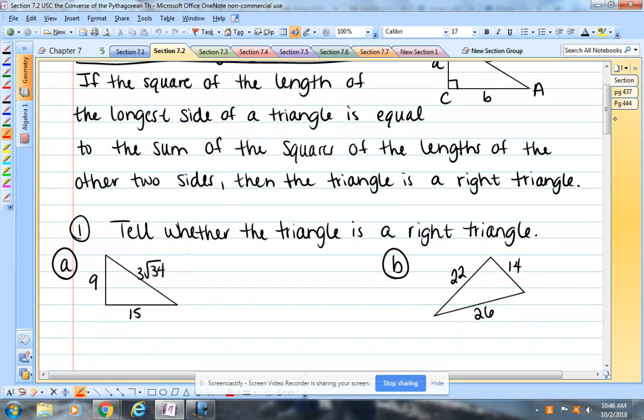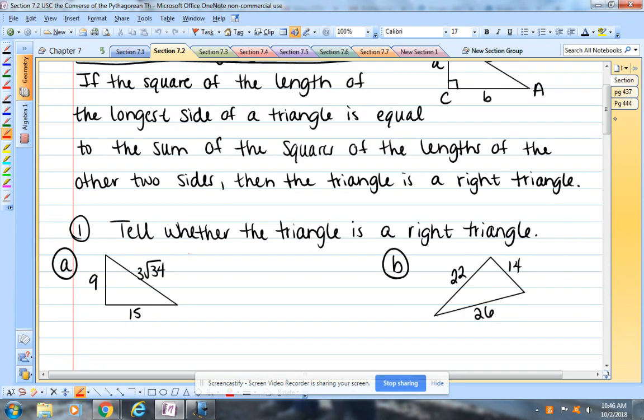If a squared plus b squared does not equal the square of the longest side, then it is not a right triangle. The only thing that matters is that you use the longest side for c. You need to make sure you use the longest side for c.